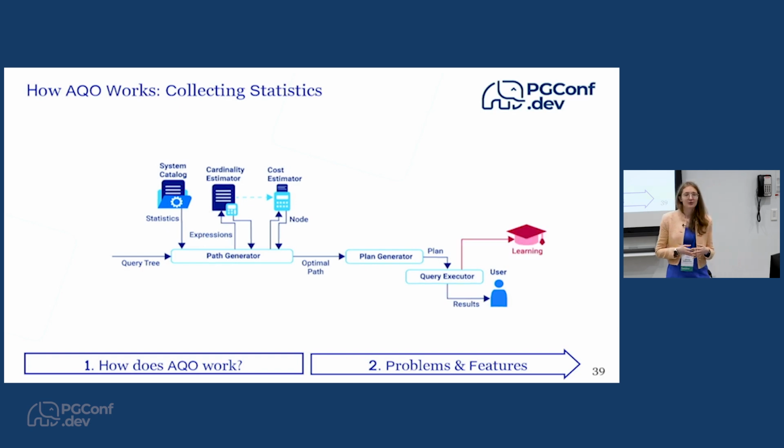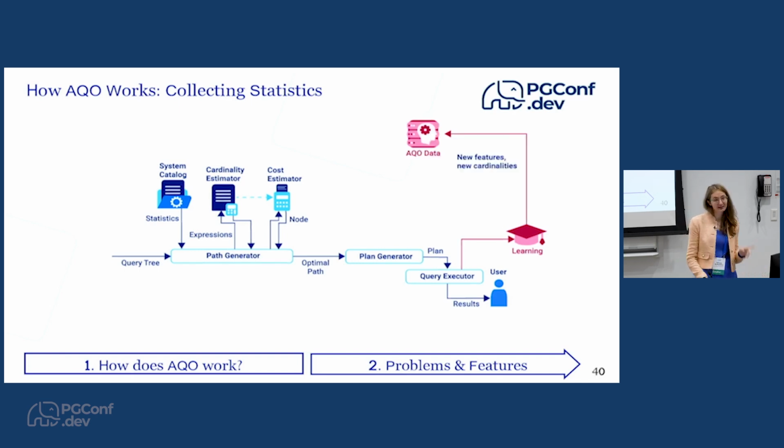As I mentioned before, the first workflow of AQO is learning. When the query executor finishes its procedure, AQO collects information about selectivities and cardinalities. On this slide, features is selectivity.